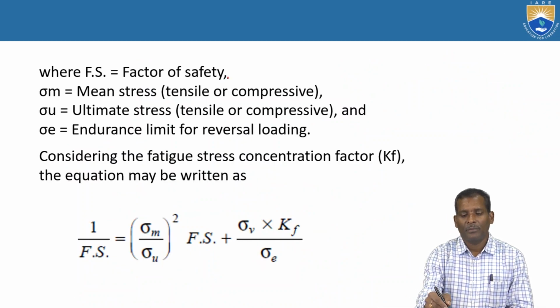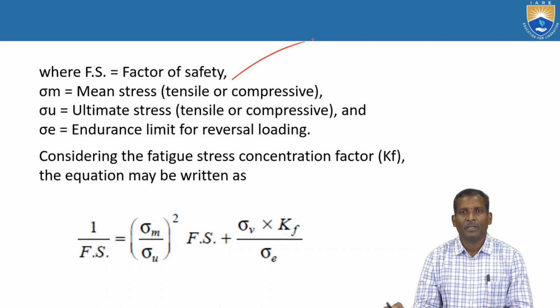Here the factor of safety is clearly mentioned. Sigma M is the mean stress, which may be tensile or compressive. Sigma U is the ultimate stress, tensile or compressive. Sigma E is the endurance limit for reversible loading.